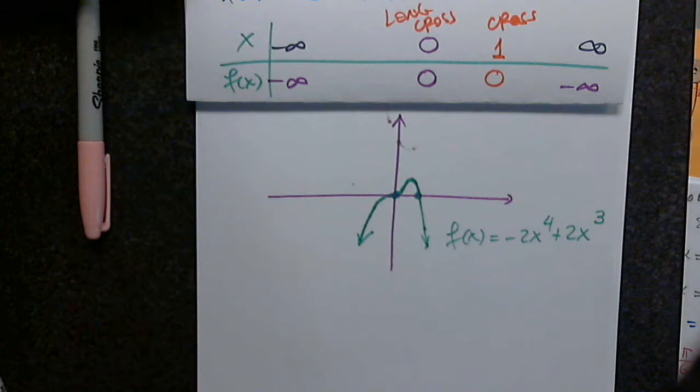Not a good viewing window, so let's adjust it. X from -2 to, let's say, 3, scale of 1, that's okay. Y minimum -2, Y maximum 4, scale of 1. Ah, I see it.